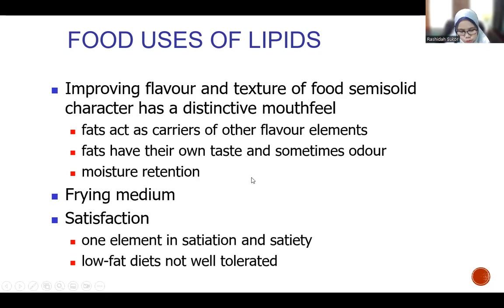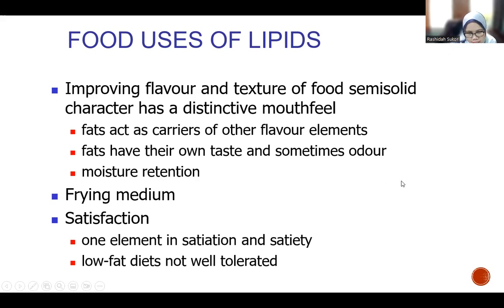So if one type of food has higher fat, when you cook or bake it, it can retain more moisture than the one that has no or less fat. So if you eat some food that tastes not dry, you know that it has fat in it because of moisture retention from the fat. Okay, frying medium, we know this.